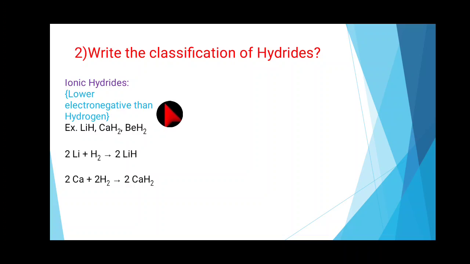Here, we have one condition for writing this ionic hydride. What is the condition? The metal should be less electronegative than the hydrogen.